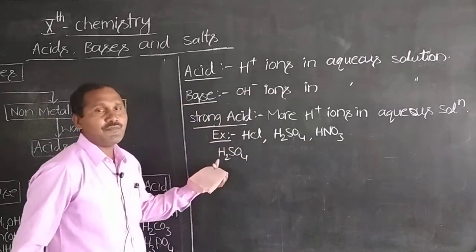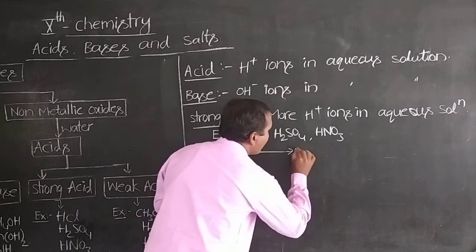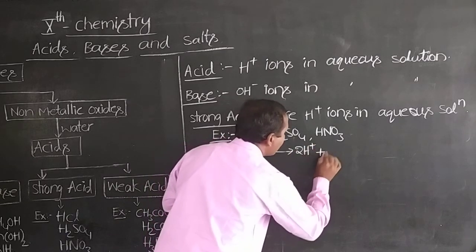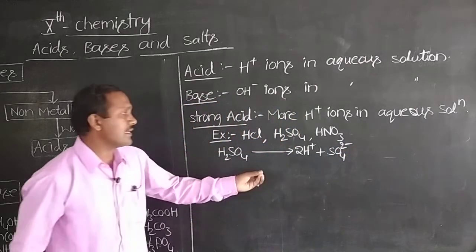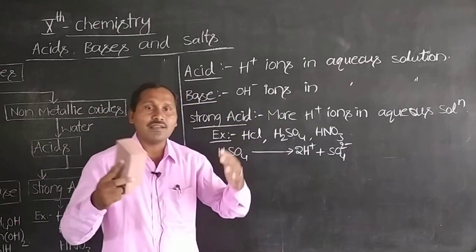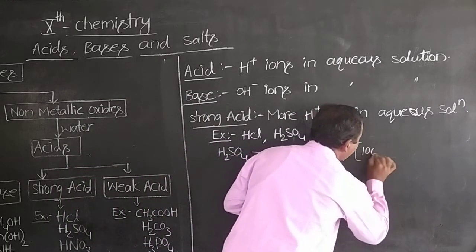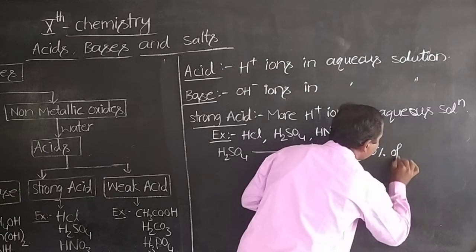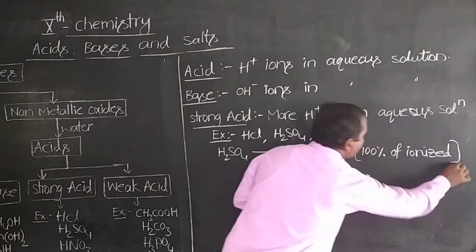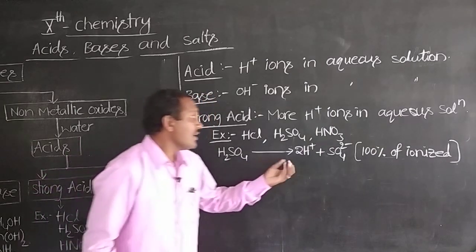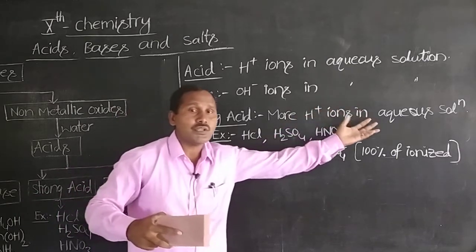Sulfuric acid dissolves to give 2H plus and SO4 2 minus. Already I can say it is completely ionized, 100% ionized. 100% ionized means more H plus ions are produced in the aqueous solution.